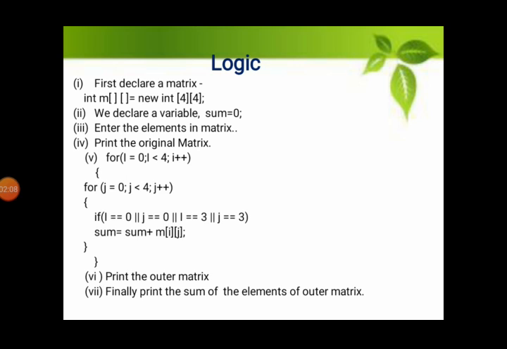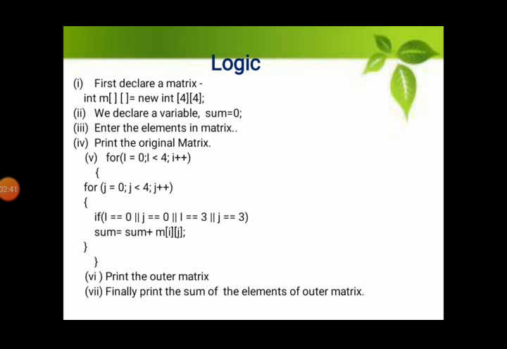After entering the elements, first we have to print the original matrix. Now our main task is to add the boundary or outer elements of the matrix. So assign the outer loop to point to the row and the inner loop to point to the column of the matrix, and traverse each element of the matrix.